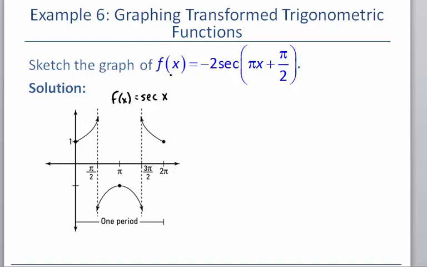We know that the period of the secant graph is 2 pi, and you can see that in the picture. You can see that we have a complete down opening parabola here. We have the right half of the parabola opening up here, and the left half of it opening up over here. And so that distance from 0 to 2 pi is going to represent our period.